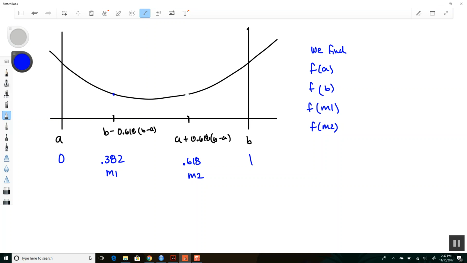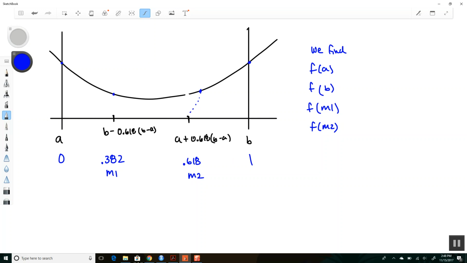The idea was that one of these is going to be obviously higher than the other. All right, let's just say the function goes up to there, and this line goes vertical. We calculate. We say, okay, we've got the function here, and we calculate between M1 and M2. One of these is bigger than the other, right?